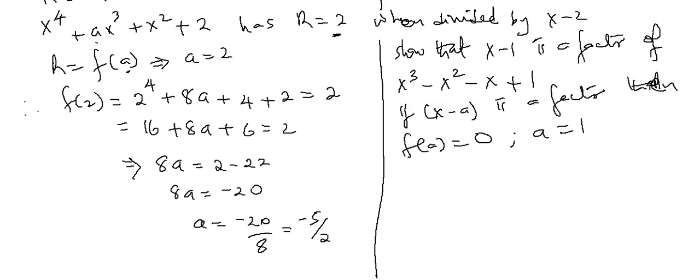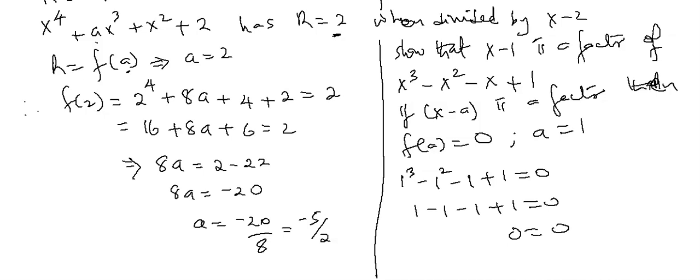So it means that if it is indeed a factor, then 1 cubed minus 1 squared minus 1 plus 1 should give us 0. And this is 1 minus 1 is 0, minus 1 is negative 1, plus 1 is 0, equal to 0. So indeed, x minus 1 is a factor.